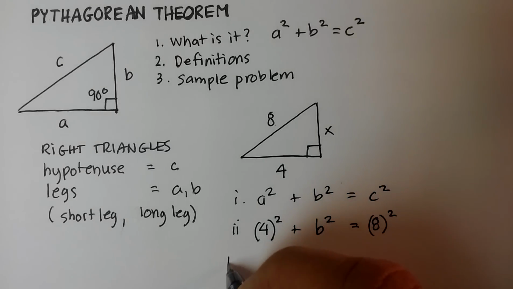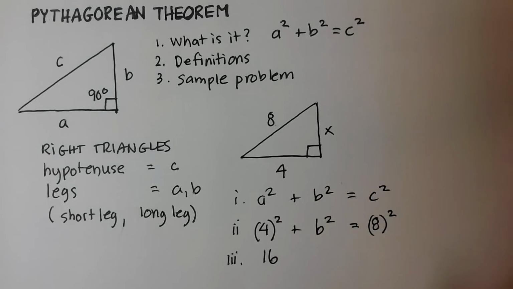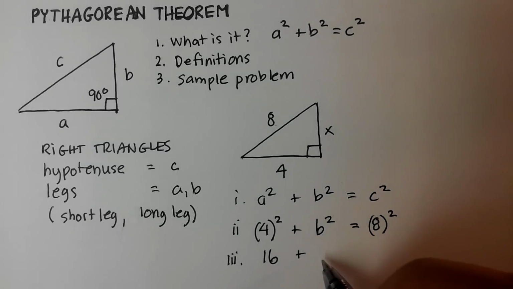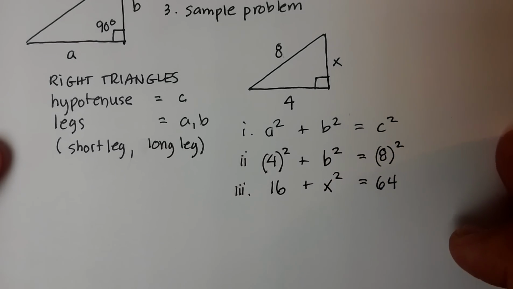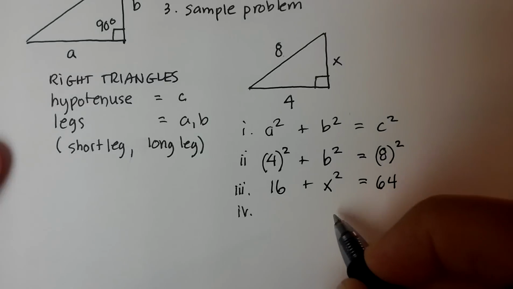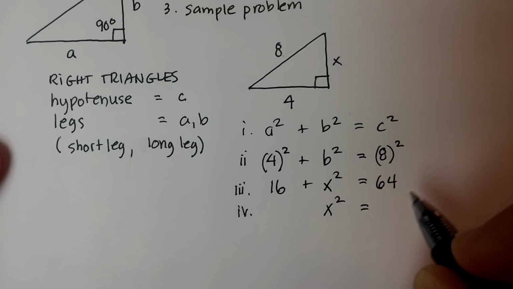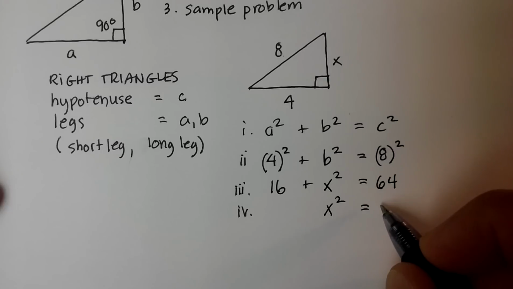Okay? Third step, 4 squared is 16. Now we're going to call this x. We'll just replace it with the x. And that's equal to 64. Okay? Subtract 16 from both sides. And you get x squared is equal to 64 minus 16, which is what, 48?